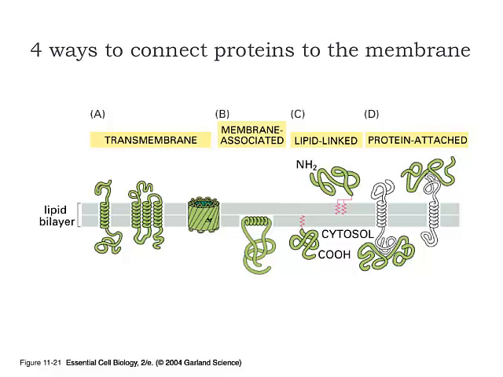There can be proteins that are only associated with the one or the other side. Those are the membrane-associated proteins. They can be associated with the membrane by the protein structure itself. So remember, all of these interactions with the membrane are through non-covalent interactions with the amino acids in that area or that region of the protein.